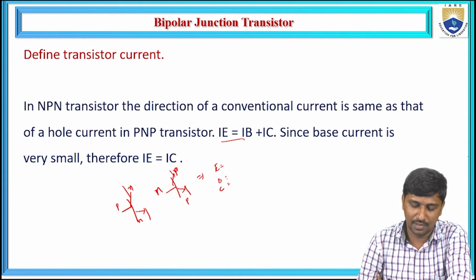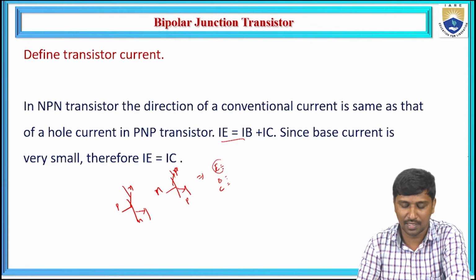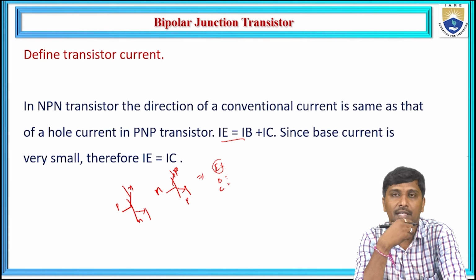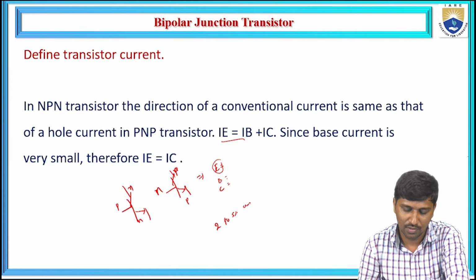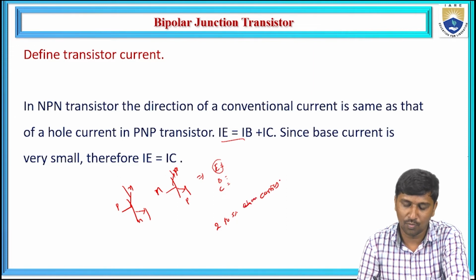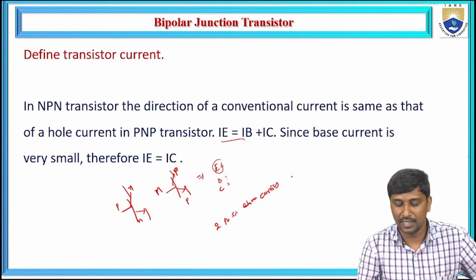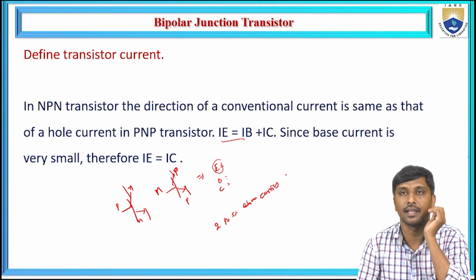So that is the reason. And what is the source here? Which one gives the charge carriers? The emitter gives the charge carriers. Based on the given construction, only 2 to 5% of the charge carriers move towards the base, and the remaining 95% of the charge carriers reach the collector.